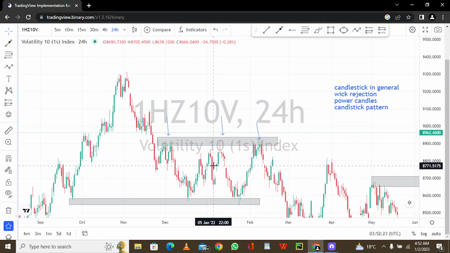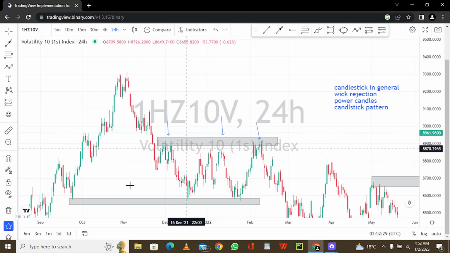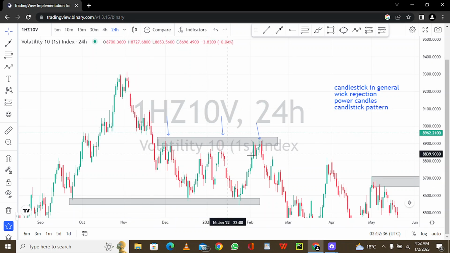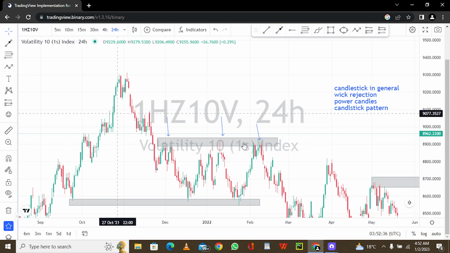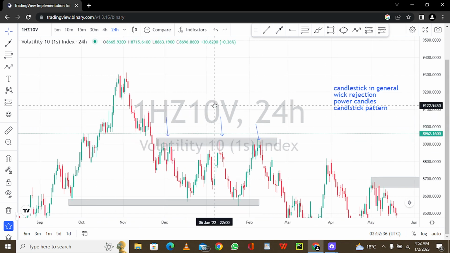Those are just the few I can remember for now. Whenever you see them in the market, it tells you that there is a huge momentum from either the buyer or the seller.